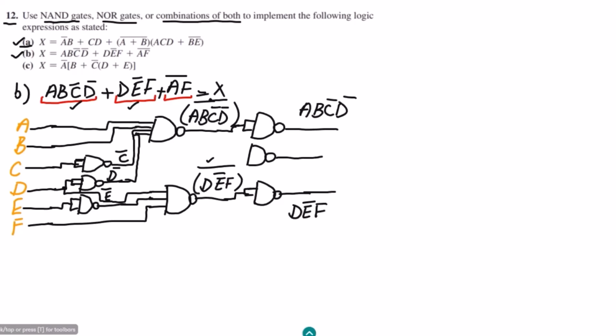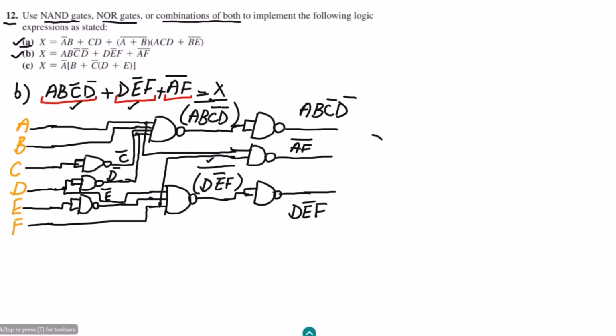I have two inputs: one will be A and the second will be F. So this is A, while this is F. At the output of it, I will get here AF whole complement. At the end, I have to add them together.